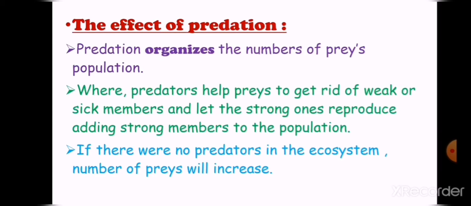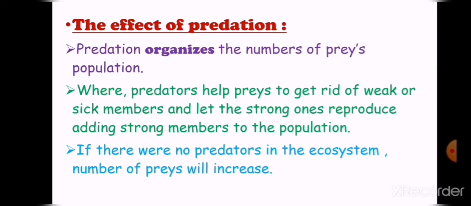How? The effect of the predation organizes the number of prey population, because in the predation relationship the predator preys on the prey.